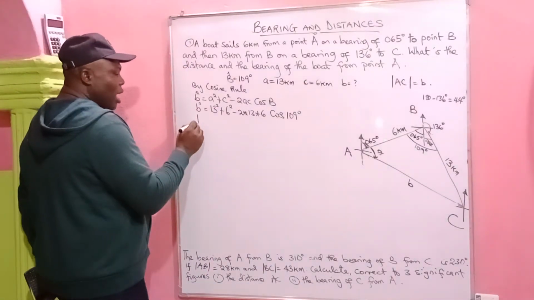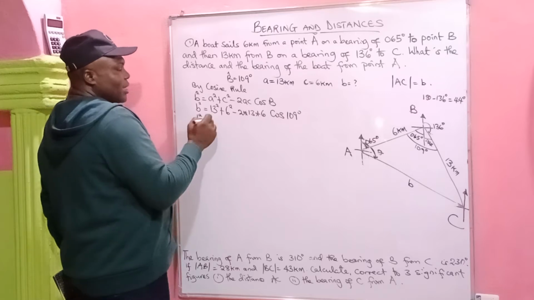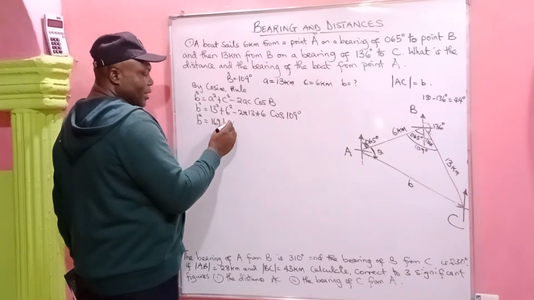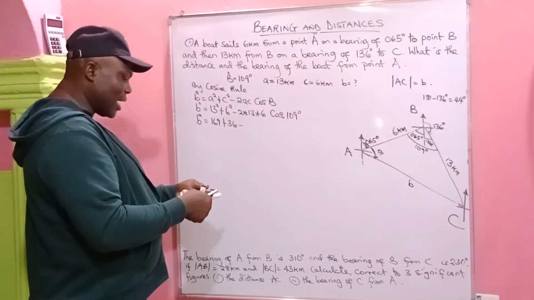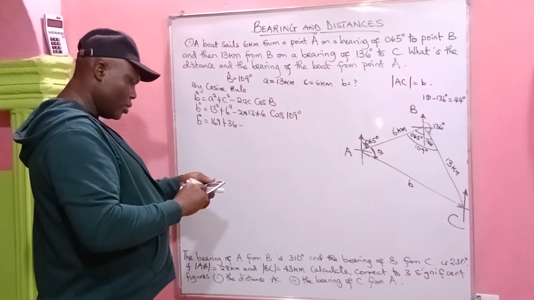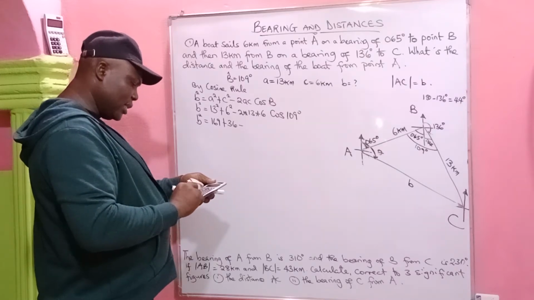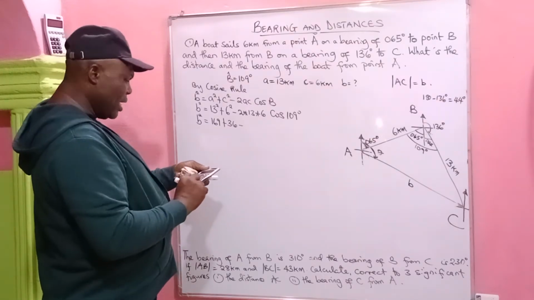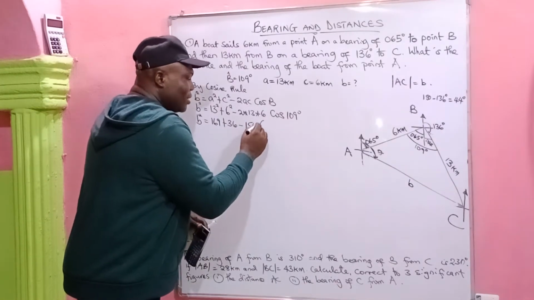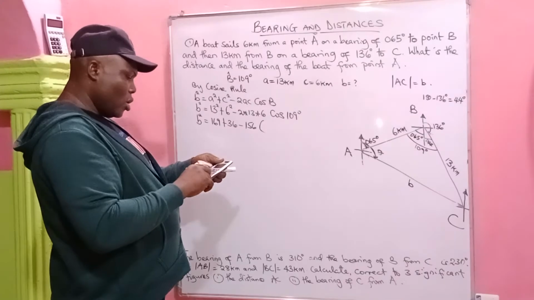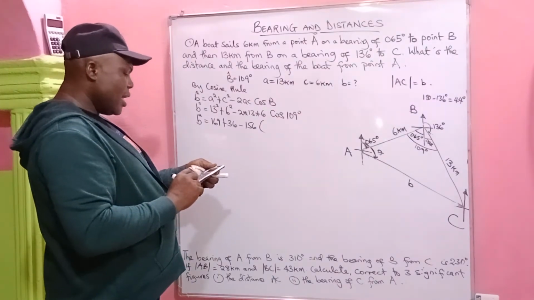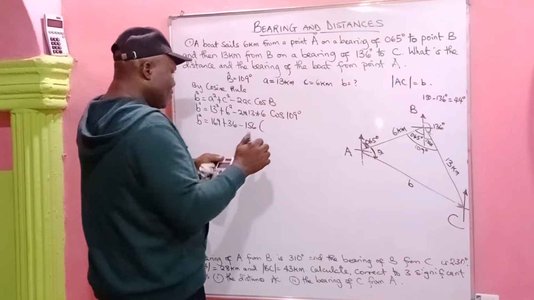So here we are going to have b squared is equal to 13 squared, which is 169, plus 6 squared, which is 36, minus 2 times 13 times 6. 2 times 13 times 6 will simply give us 156, and then cos 109 will give us minus 0.3256.